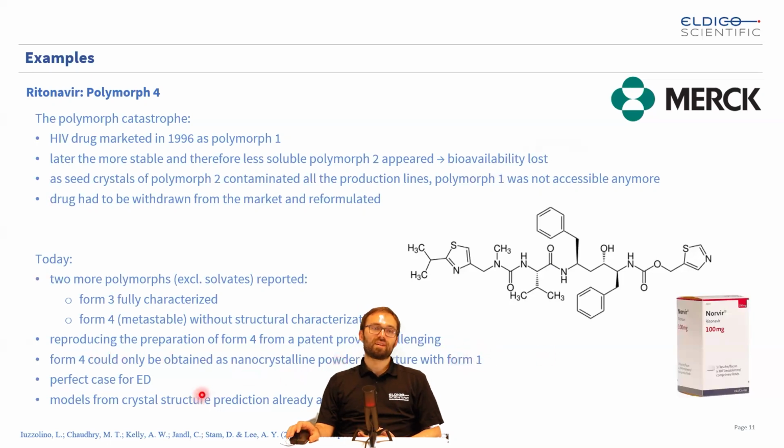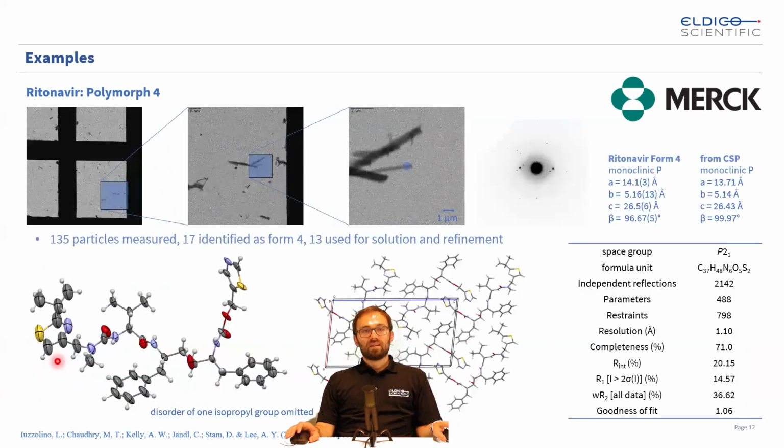So this makes it a perfect case for ED to perform a structure determination on a minor species in a mixture. And what our partners were also interested in was comparing this polymorph with crystal structure predictions that they performed on this case. And we'll have a look here. So we had to measure quite a lot of particles, 133.